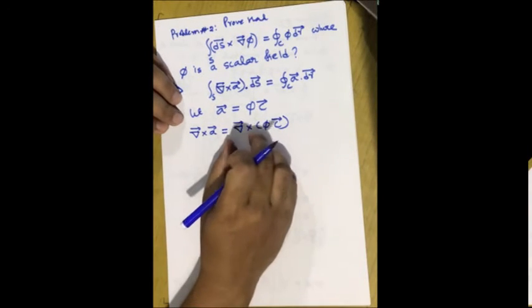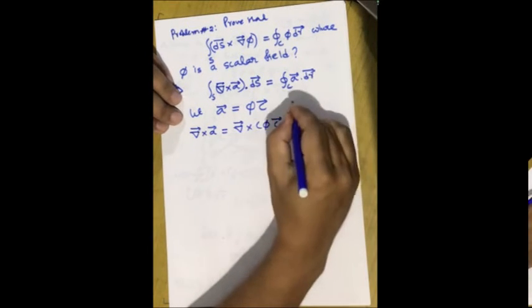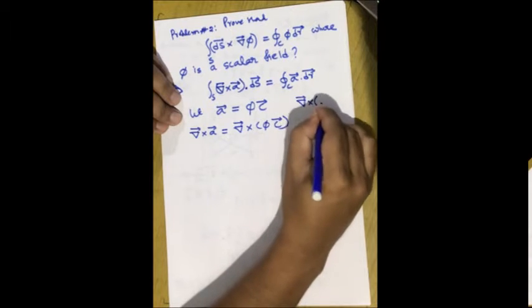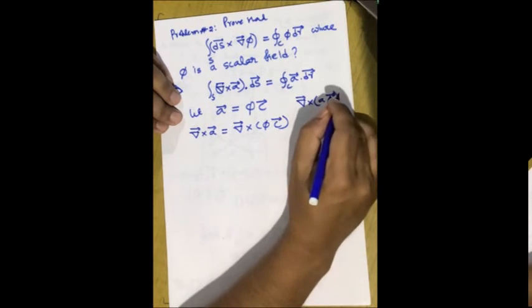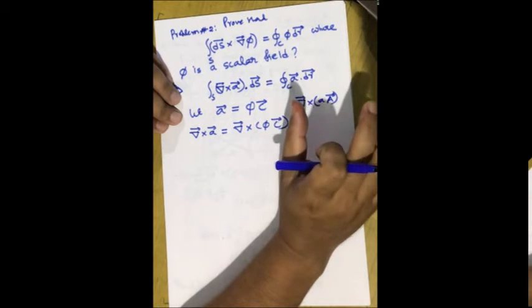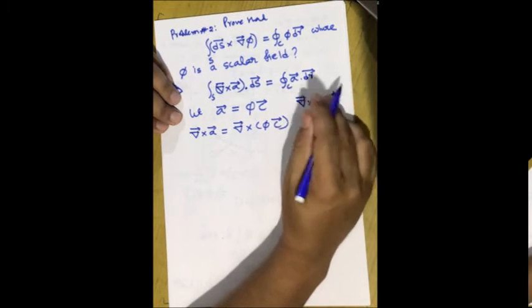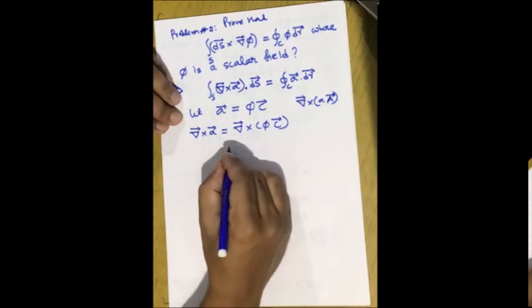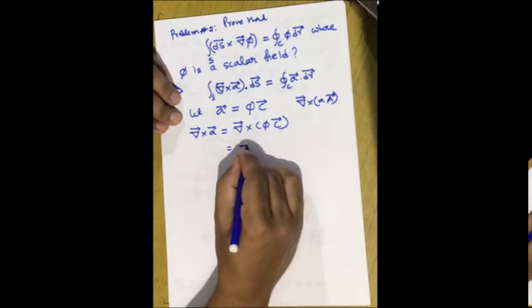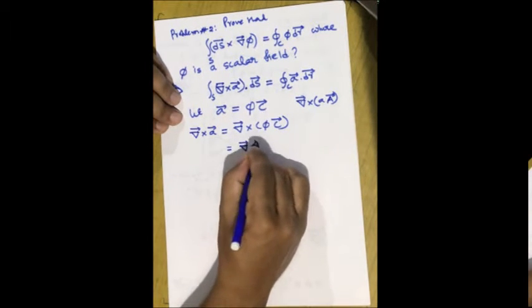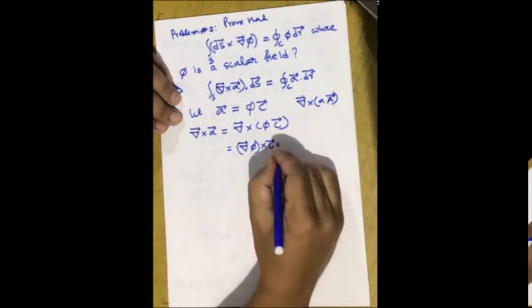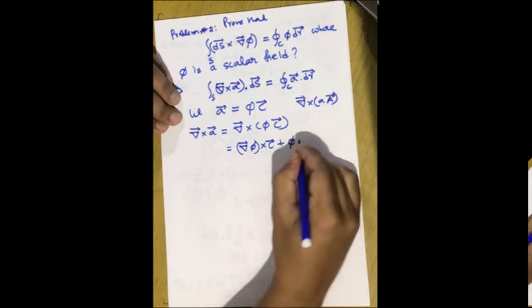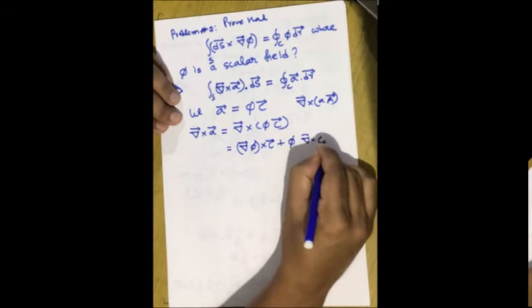So you see this is the product of a scalar phi and a vector C. So it will involve two terms. The first term is del phi, which is a vector, cross C vector, plus phi into del cross C vector.